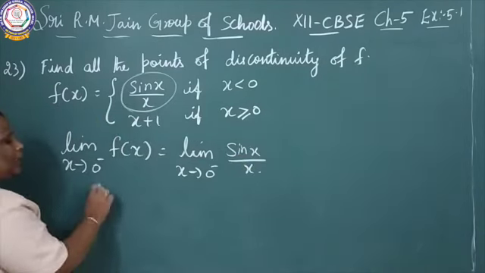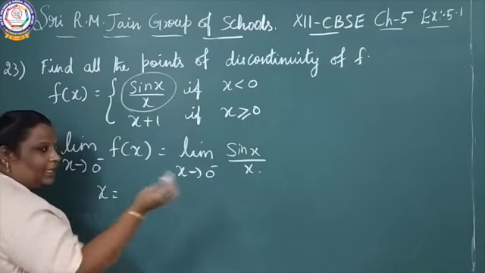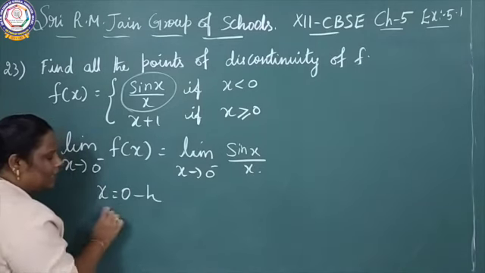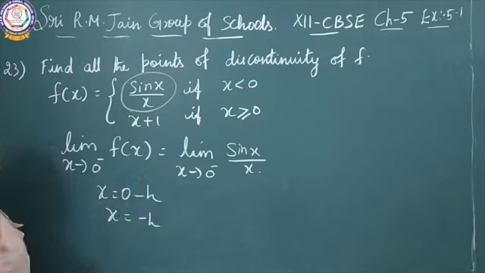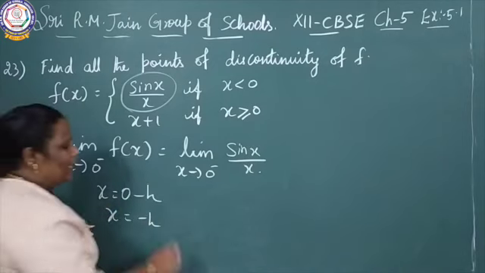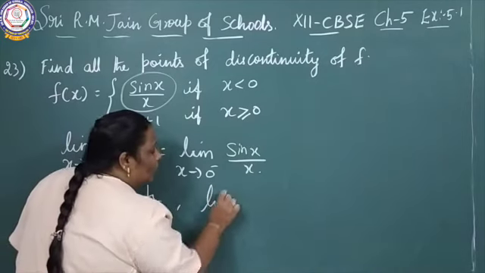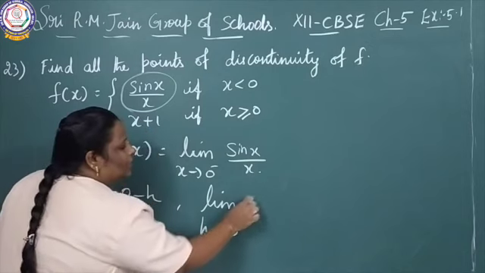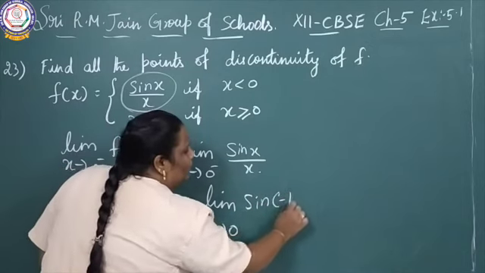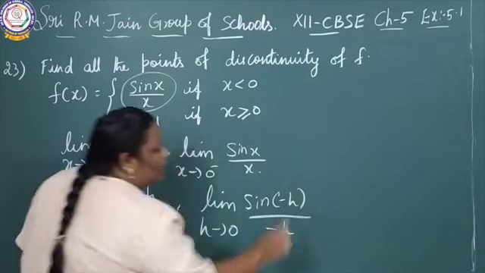Now you replace x equal to a minus h, that is 0 minus h, so x equal to minus h. So limit h tends to 0 of sin of minus h by minus h.